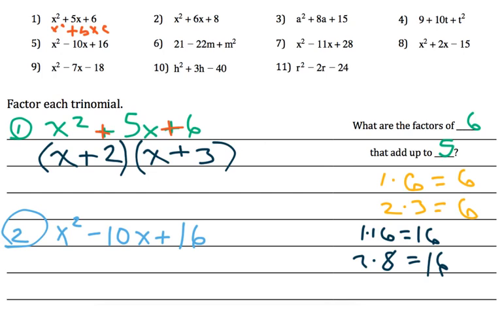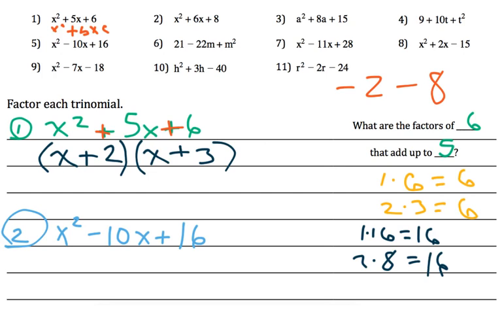Well, 2 plus 8 would give me 10. Negative 2 plus 8 would give me 6. Negative 8 plus 2 would give me negative 6. But the best one to land on is negative 2 plus a negative 8. So both factors would have to be negative here.